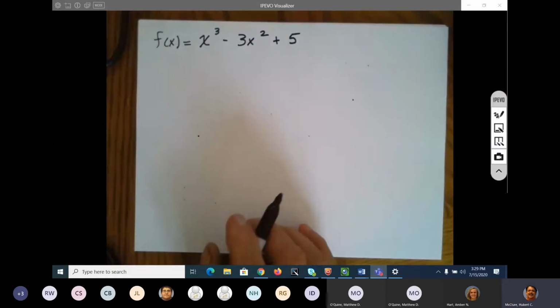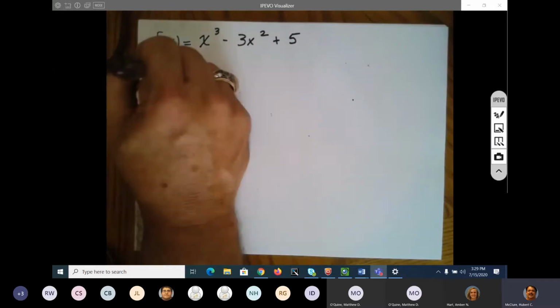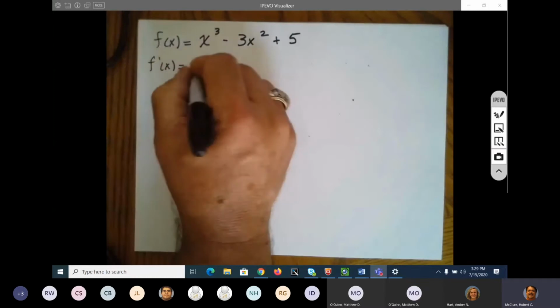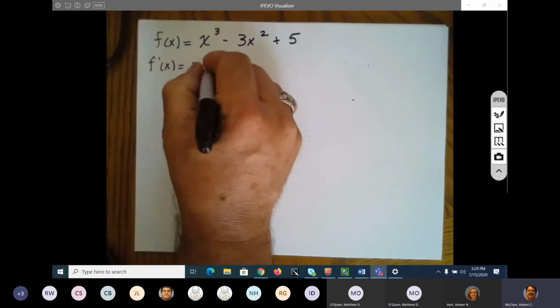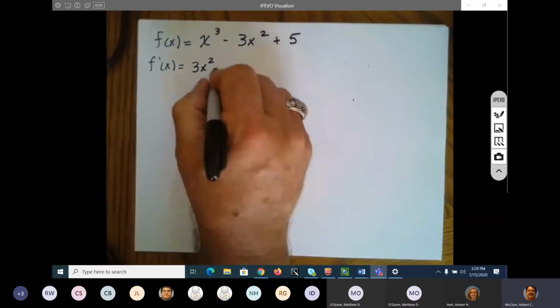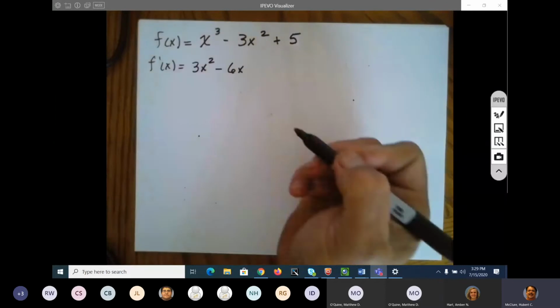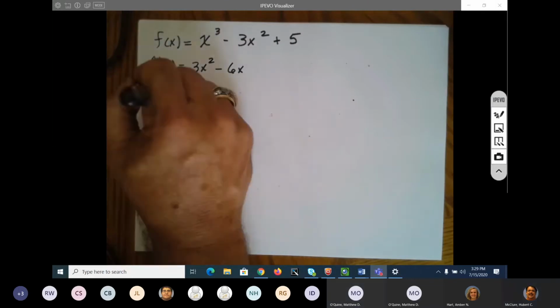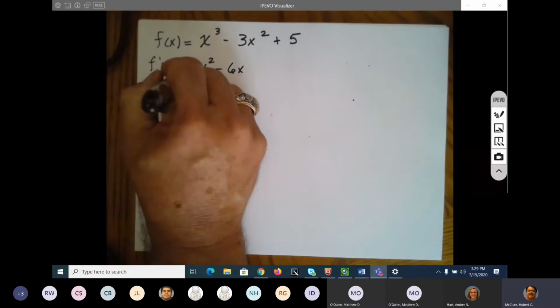Now, of course, the first thing you're going to do is take the first derivative. So f prime of x is equal to 3x squared minus 6x plus 0. So there's your first derivative. Okay, so after you take the first derivative, you're going to set it equal to 0.